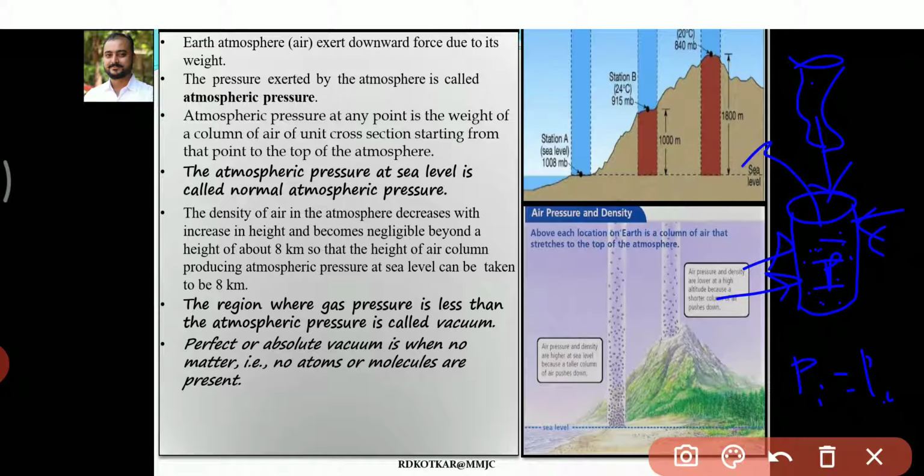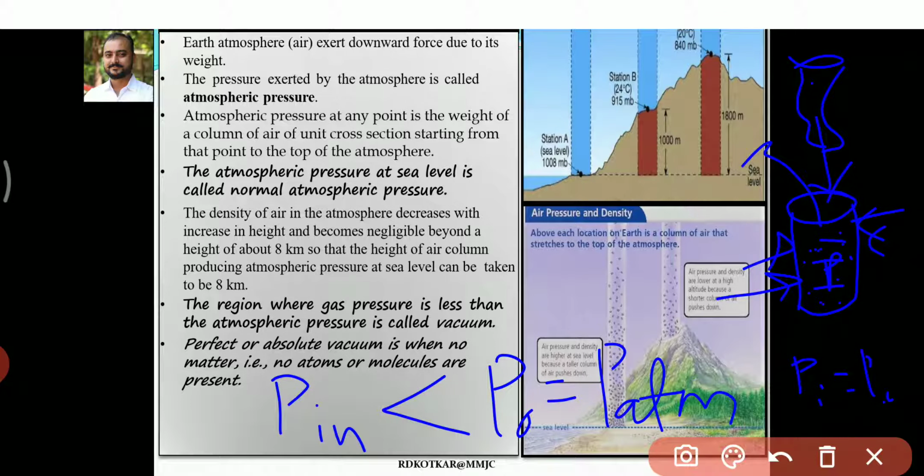The pressure present inside is less than the pressure present outside, that is, the atmospheric pressure. And this is known as a vacuum.